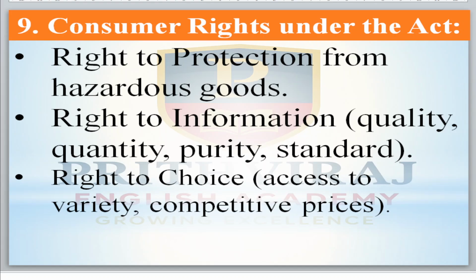Then right to information, in that we will come to know about the goods, their quality, quantity, purity, standard, price, expiry date and manufacturing date. Right to choice means we will have a variety of goods, and the prices will be reasonable because of the competition between the traders.